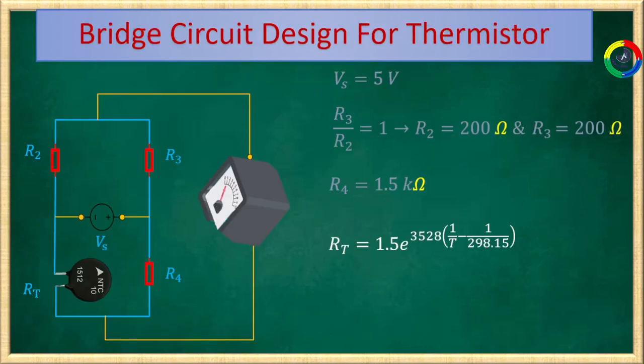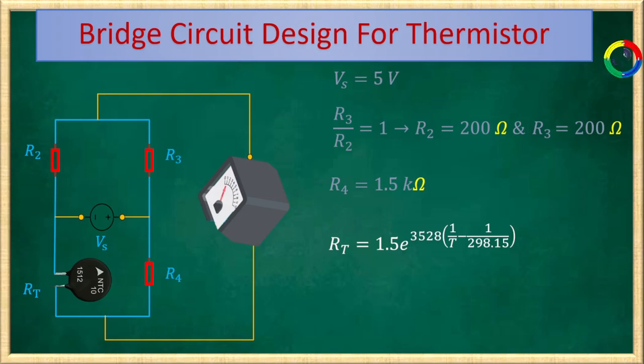Now, let's look at our bridge circuit for our thermistor. We have a voltage source of 5 volt, and we set the ratio R3 over R2 equal to 1. You can choose any value of resistors R2 and R3, but in my case, I chose 200 ohm for both R2 and R3, and we set R4 equal to 1.5 kilo ohm, and our RT has this relationship.